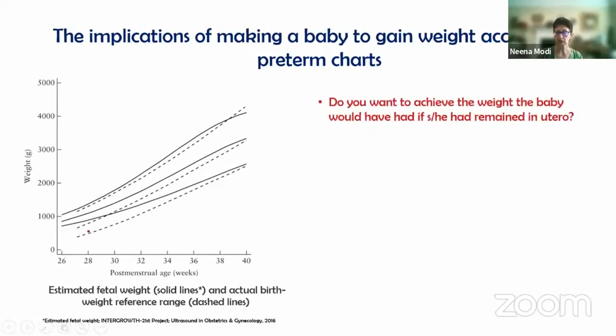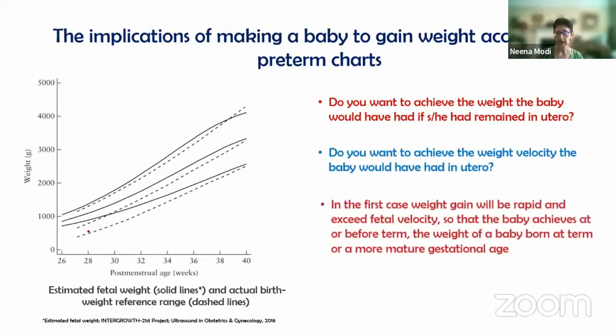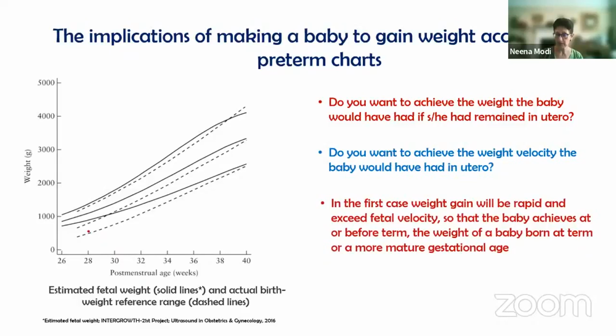Now, do you want to achieve the weight that this baby would have had if she or he had remained in utero? Or do you want to achieve the weight velocity that this baby would have had in utero? In the first case, weight gain will be rapid and it will exceed fetal weight velocity, so that the baby achieves at or before term the weight of a baby born at term or born at a more mature gestational age.